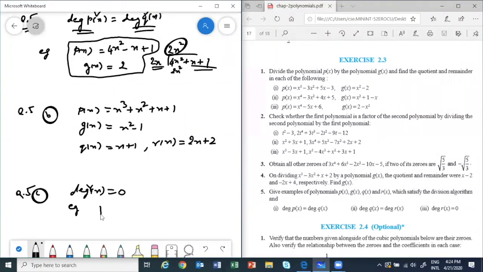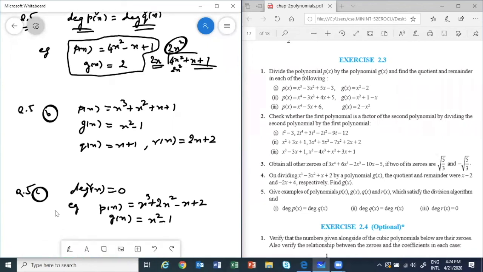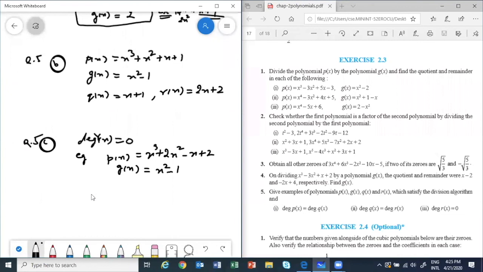Let's take the example x cube plus 2x square minus x plus 2. If you divide this by x square minus 1, you will get q(x) equal to x plus 2 and your r(x) will be 4. So r(x) is 4 means the degree of the remainder is 0.